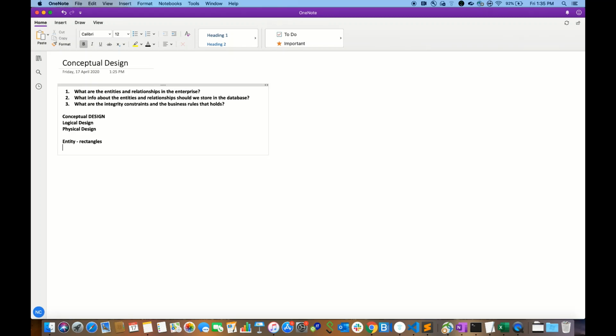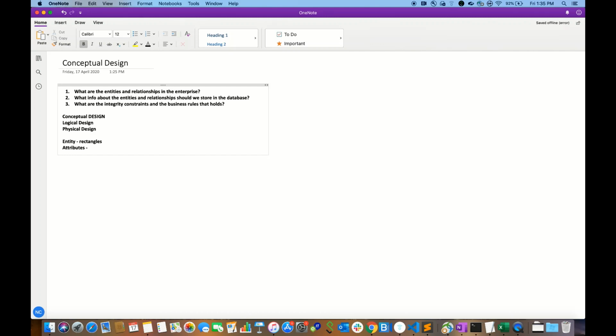Further, there is another concept called attributes. Attributes are the properties of an entity. In a real world, every object has certain characteristics.